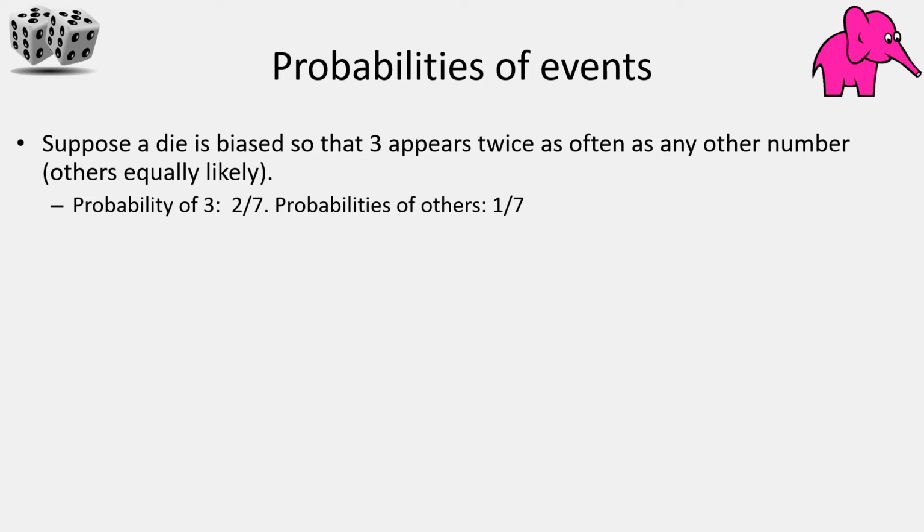So the sample space is still the die coming up 1, 2, 3, 4, 5, or 6. In this case, since 3 appears twice as often as any other number, you could work out the equation and see that it works when the probability of 3 is 2/7 and the probability of all the other numbers is 1/7.